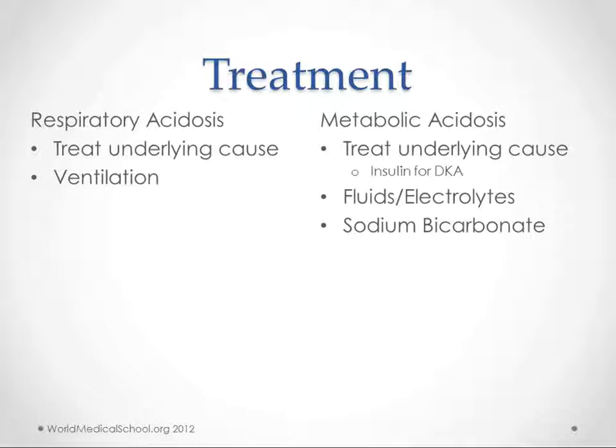Fluids and electrolytes are going to be always a part of treatment, and sodium bicarb is also potentially a part of treatment, and we won't go into detail of when you give it and when you won't, but the mainstay is going to be insulin for DKA, and then just fluids and electrolytes for any metabolic acidosis.